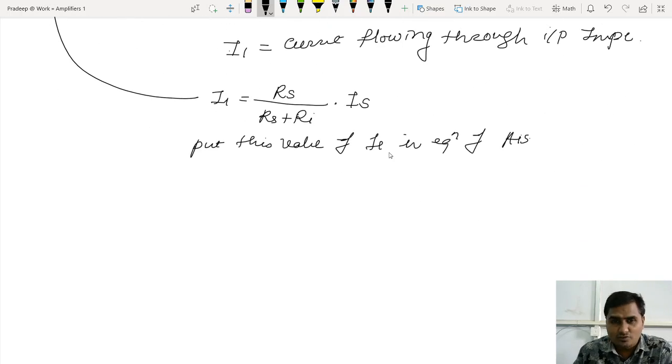Then the equation of AIS becomes AI multiplied by I1, and I1 is RS divided by RI plus RS. Why?